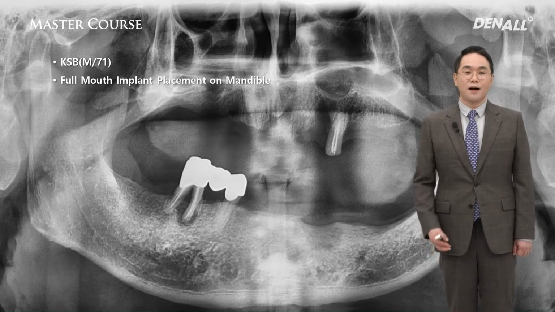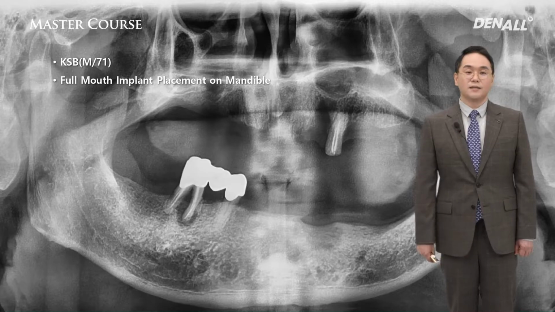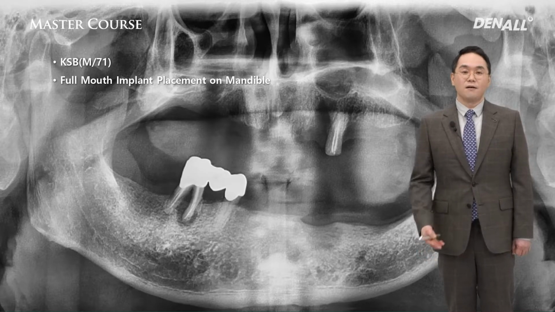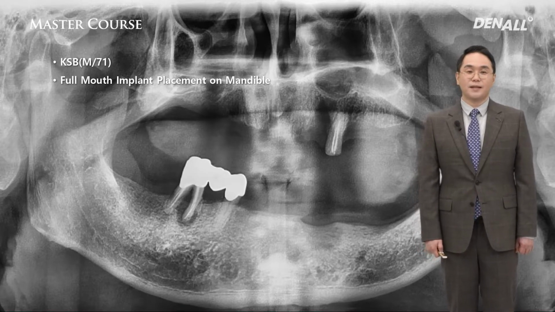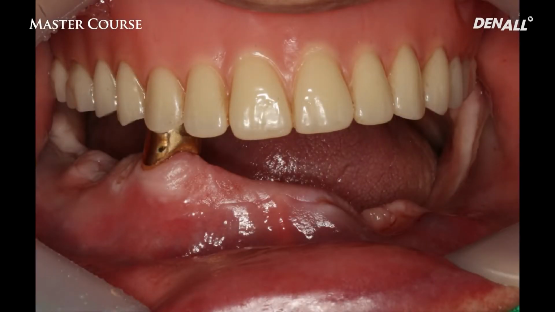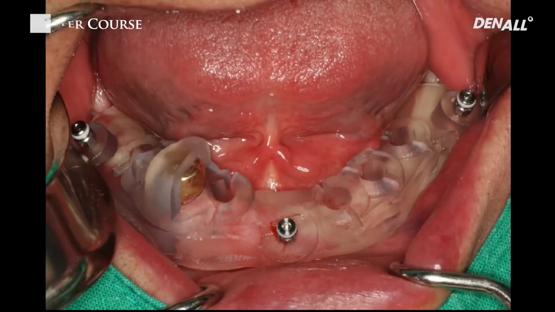I decided to make a new denture in the upper, and in lower, implants were to be placed for fixed prosthesis. This is the pre-op image. One guide was planned. Planning was done. Guide was fabricated. 3 anchor pins were used to fixate the guide.